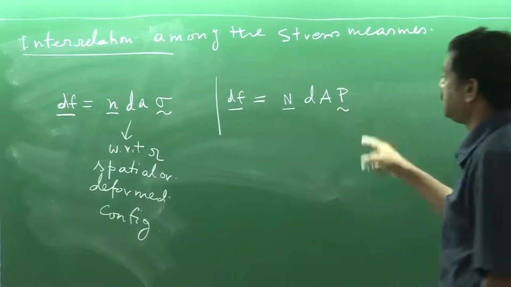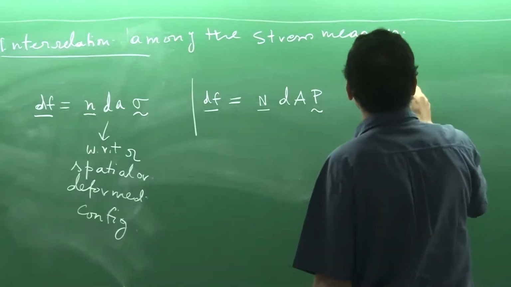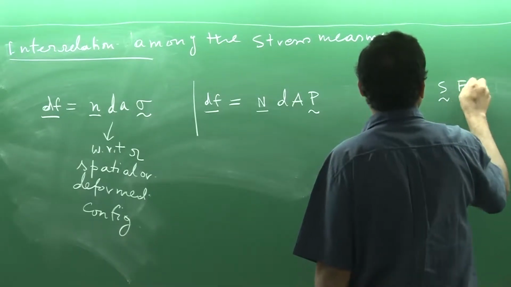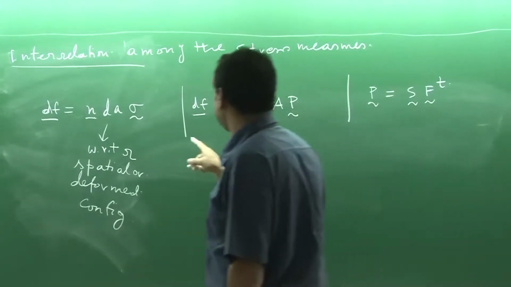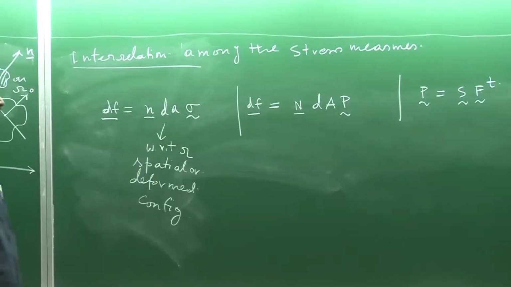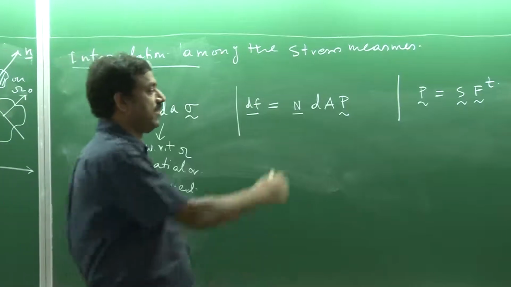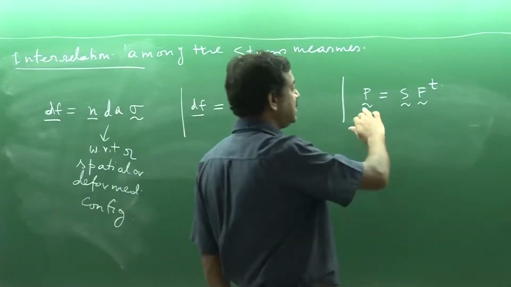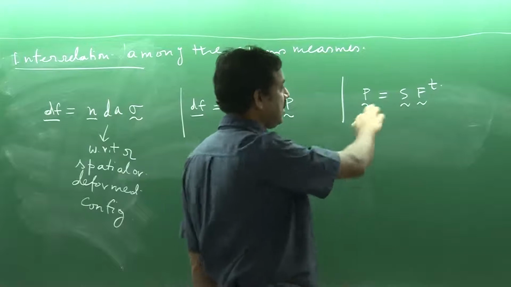We also know that P bar is nothing but P times F bar into tilde. This one is with respect to the Cauchy stress tensor, this is with respect to the first Piola-Kirchhoff stress tensor, and this is the relationship between the first Piola-Kirchhoff and second Piola-Kirchhoff stress tensor.